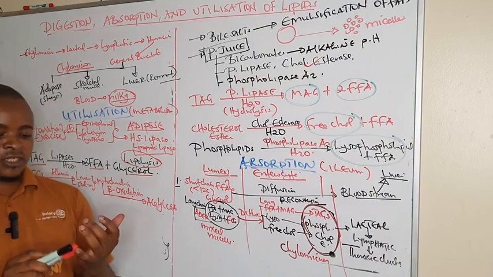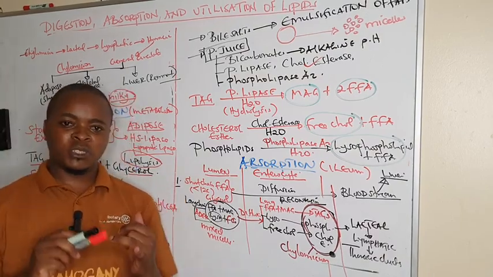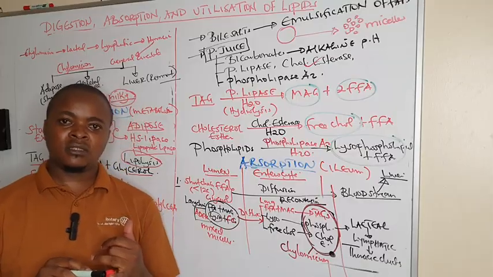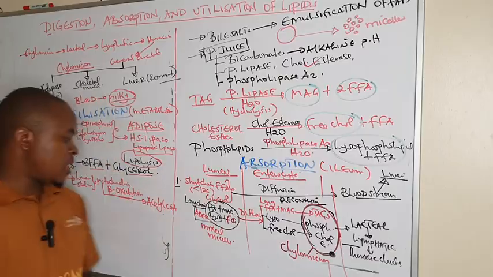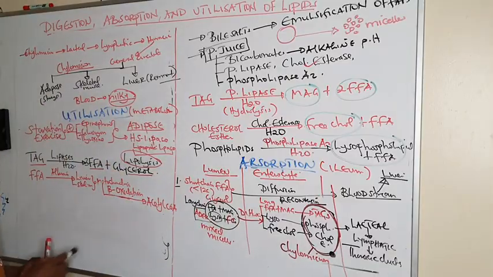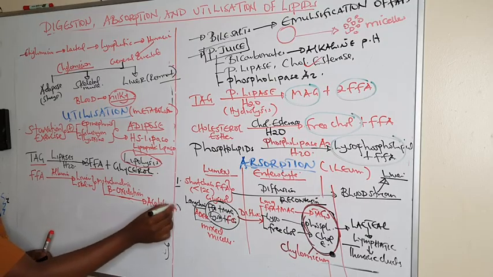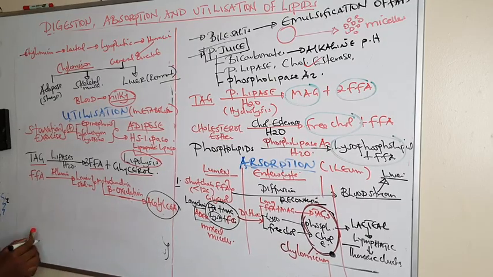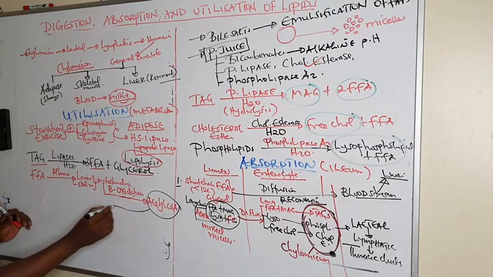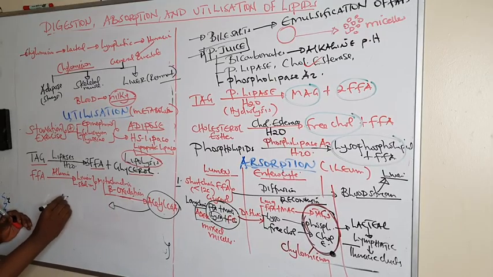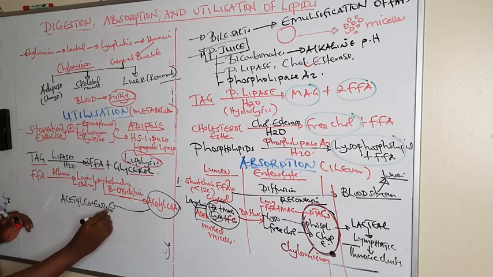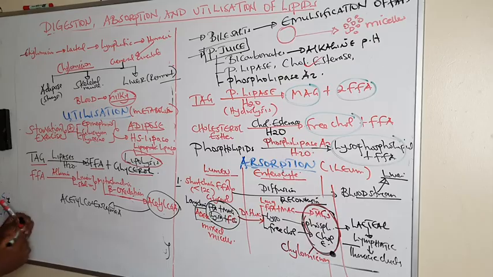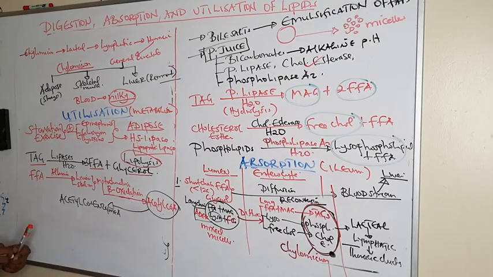That free fatty acids, after being produced, are transported bound to albumin, taken to the skeletal muscles and the liver mitochondria, where they undergo beta oxidation to produce a component known as acetyl coenzyme A. So the acetyl coenzyme A produced is responsible for many metabolic processes.